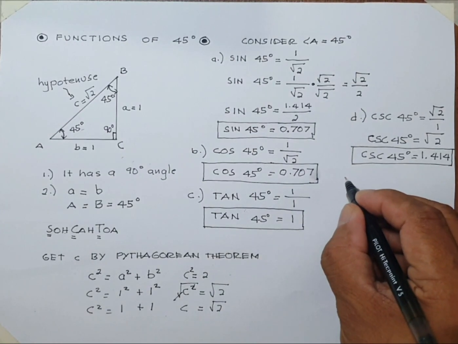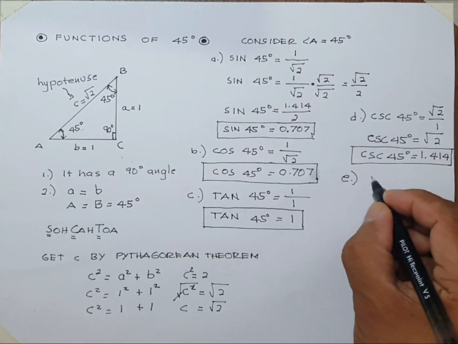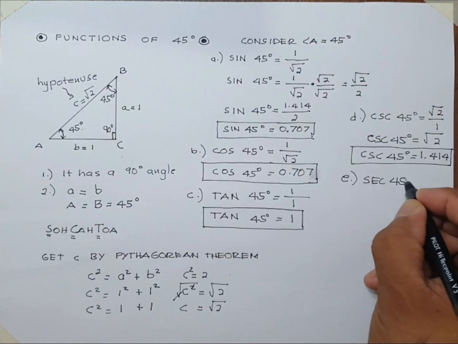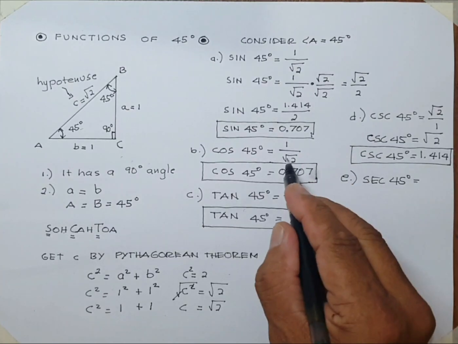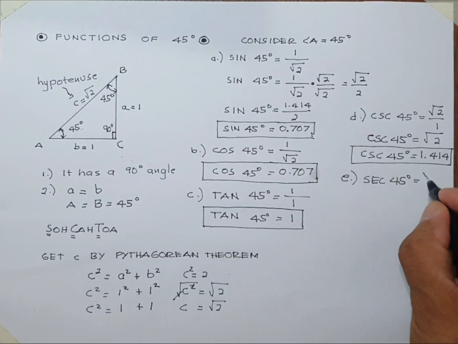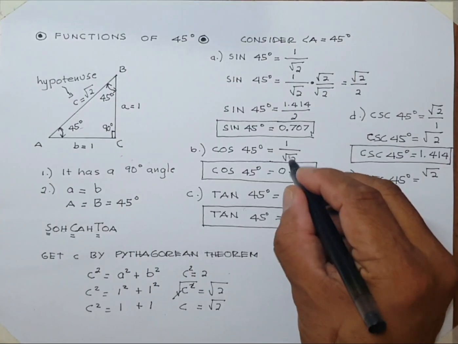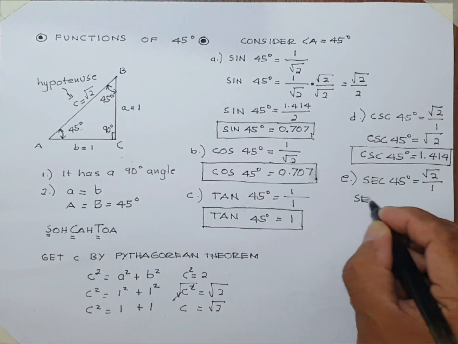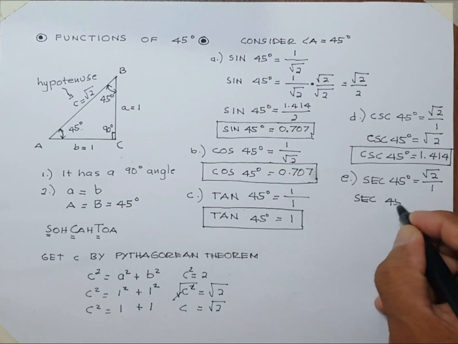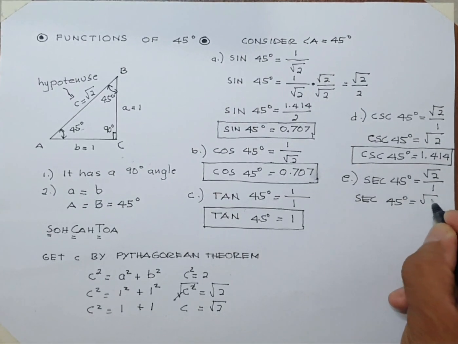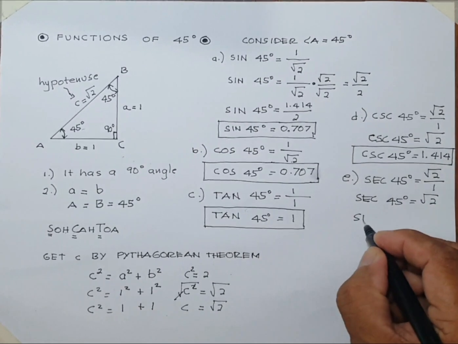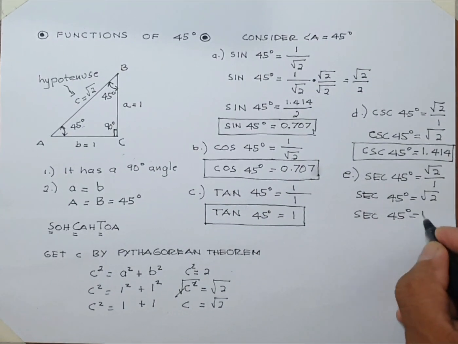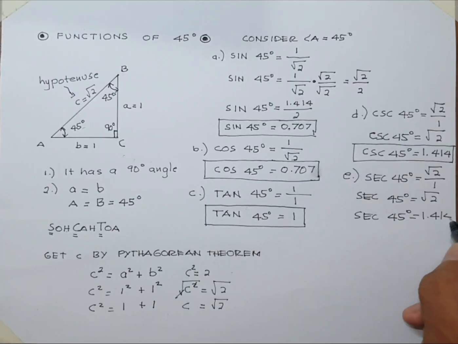So it follows that the secant of 45 is the inverse of cosine. So we will just invert this. Square root of 2 over 1. Or that is also equal to square root of 2. And that is equal to 1.414.